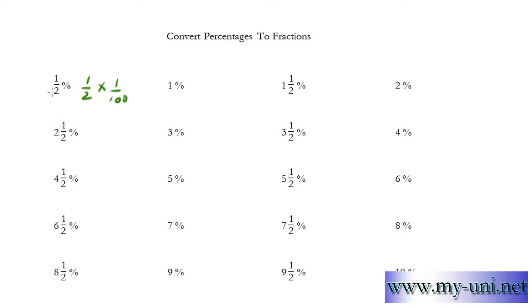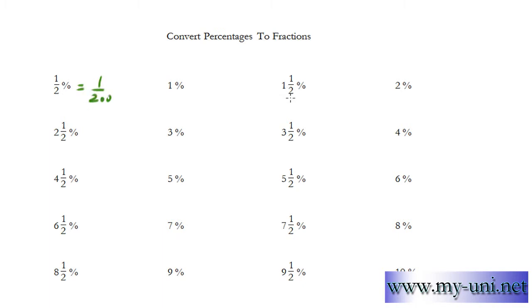So if a percentage is shown to you as a fraction, then you have to multiply that by 1 over 100. So 1 times 1 is 1, and 2 times 100 is equal to 200. So 0.5% can also be written as 1 over 200.